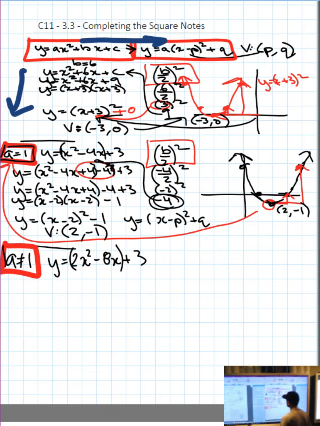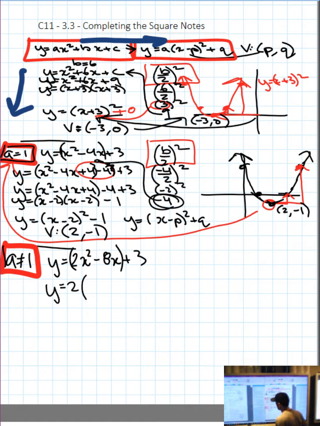But this time, as you can see in the notes, I've written exactly the same instructions above and exactly the same instructions down below, and I've changed the instructions down below to be in red. We have to factor out the coefficient of x squared, not the greatest common factor of the brackets, but the coefficient of x squared. So we have to factor out a 2. So y equals 2 open bracket.